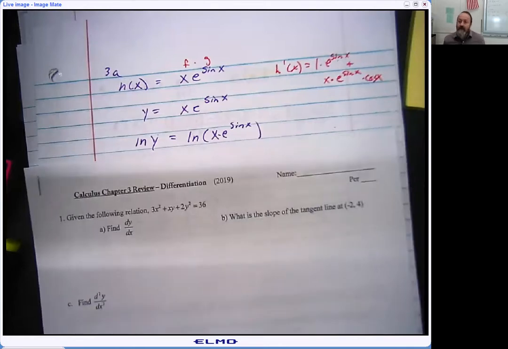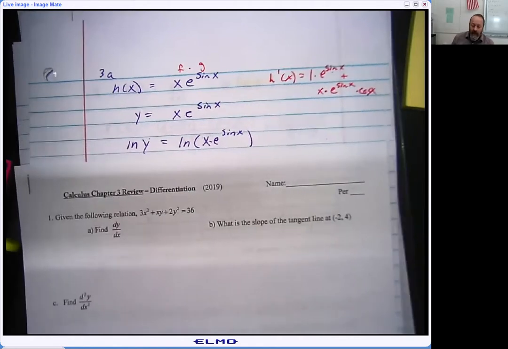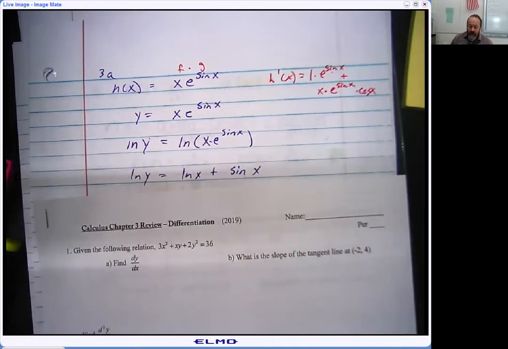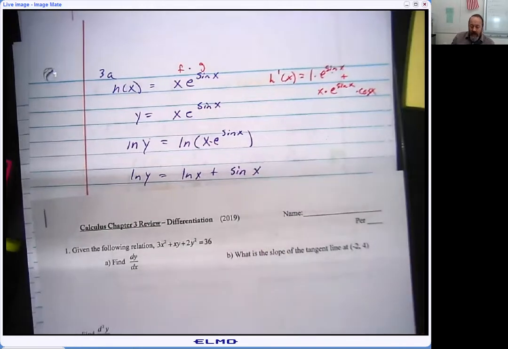Oh, interesting. Actually, I chose to do this problem a little bit different than I had thought about doing it. I guess I decided I would take the log of both. So when I took the log of both using logarithmic differentiation, that's kind of funny, I didn't look over my solution. That allows me to separate those out because the natural log of x is fine and the natural log of e to the sine x is just sine x.